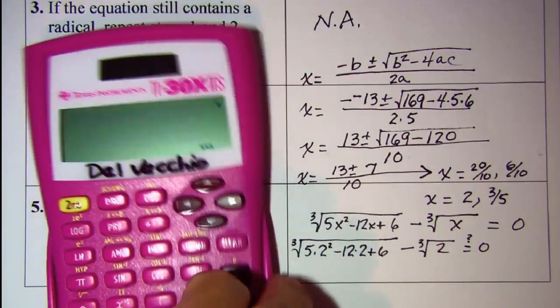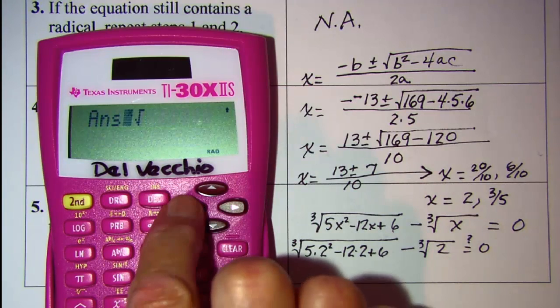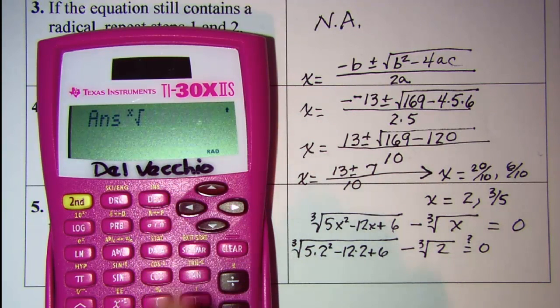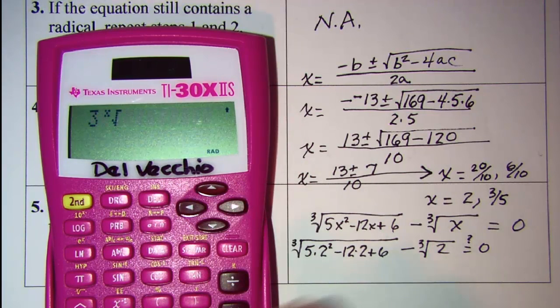So let's use our calculator this time to check. I'm just going to enter this left side into the calculator and press equal and see if I get 0. So I want cube root of, I'll use this button with the x index. And I'm going to need a 3 on my index since it's cube root. And then my radicand needs to be in parentheses.